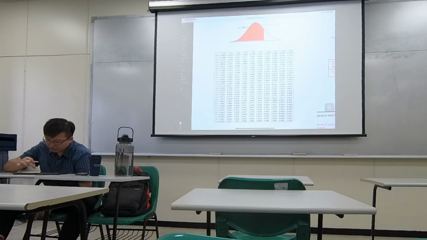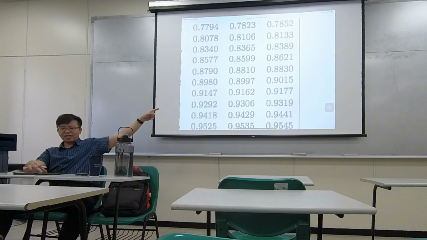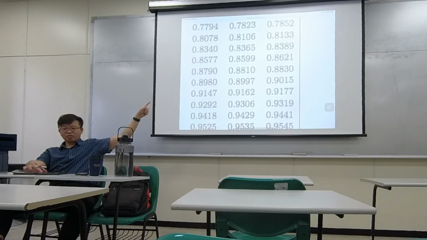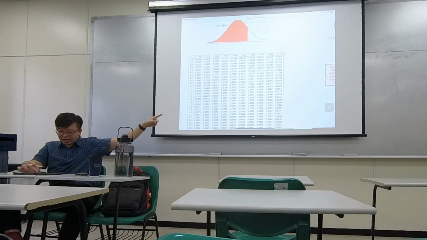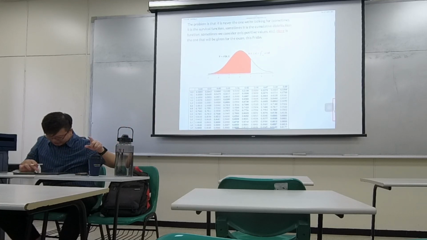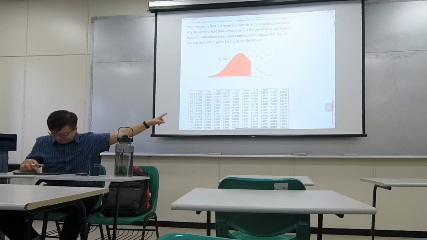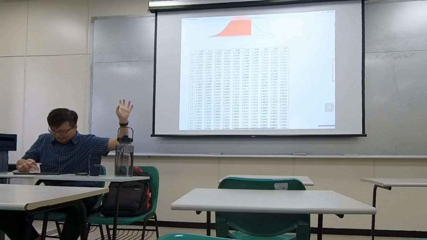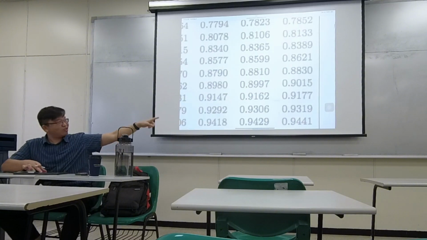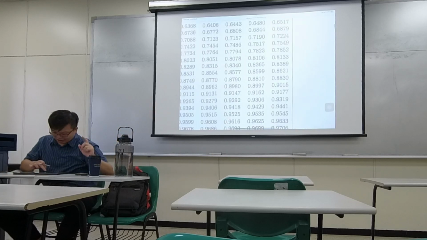Oh, here's one: 0.8997. It's very close. That is going to be 1.28. 1.28 gives me 90% here, this particular one, 0.8997, right?